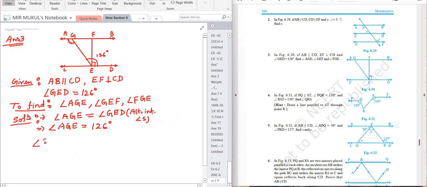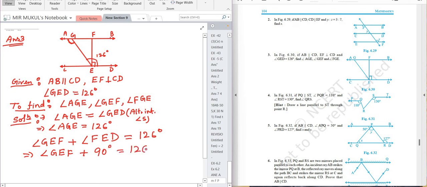Angle GEF plus angle FED. Sum of these two angles will be how much? 126. It is given. Angle GEF and this angle is 90 degrees, 126 degrees.